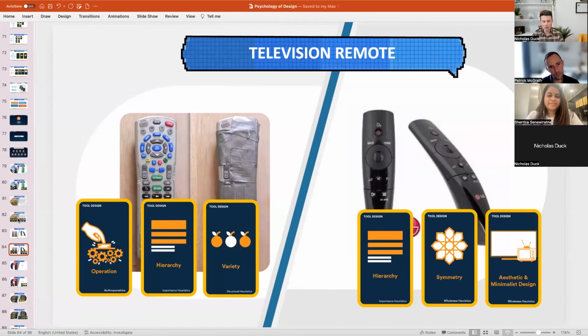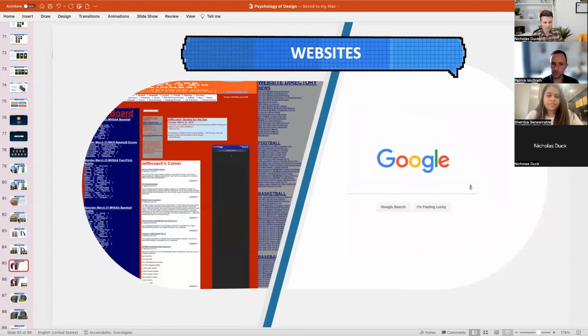They've got probably the most important button at the top, which is the power button. If all else fails, turn everything on and off. So that does actually utilize hierarchy. The one on the left has far too much variety. There's so much going on there that I think it would confuse people. Whereas the one on the right is perhaps more minimalist in its design.